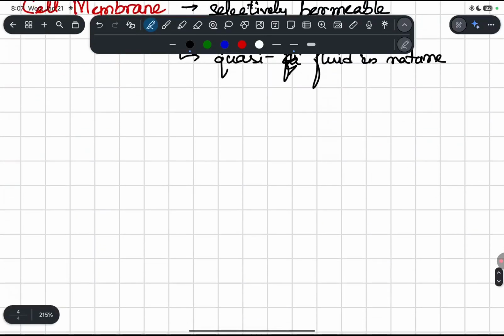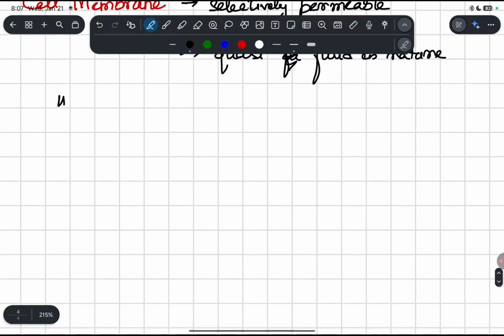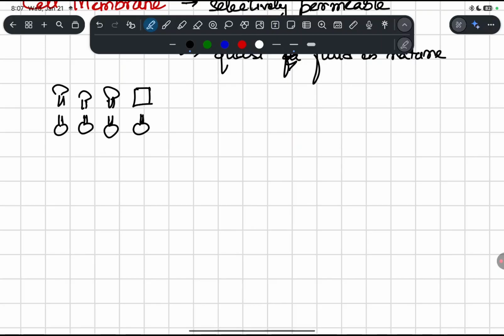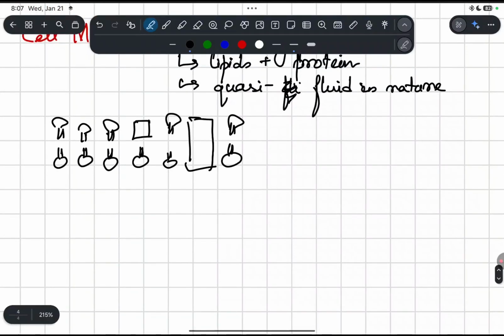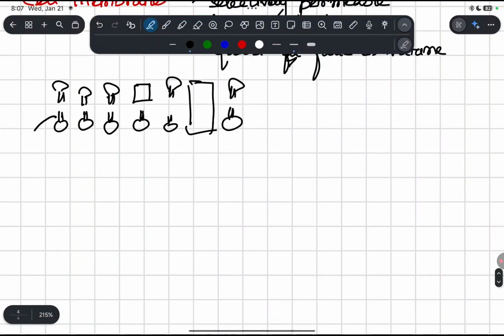So if we draw a cell membrane, it will look something like this. Right, so these are lipids, and these are phosphates.